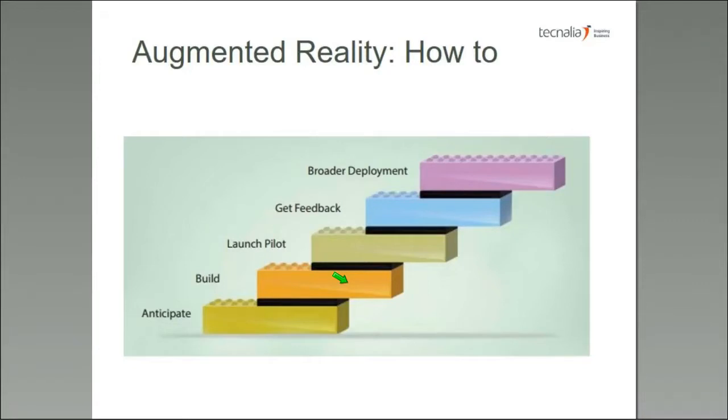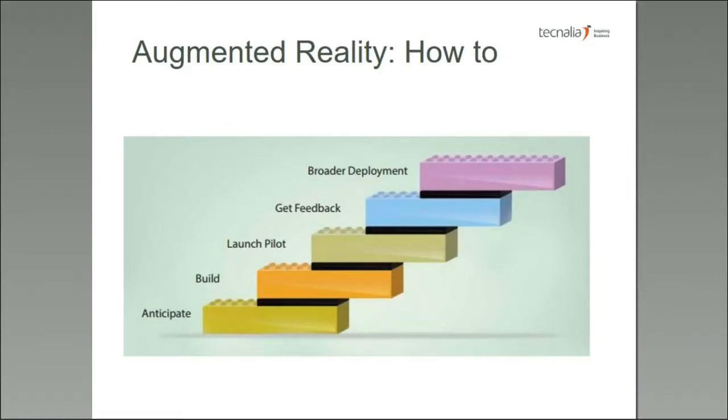Okay, and how do we deploy it, how do we take advantage of augmented reality in our companies? This is the way that companies are working on it. First of all, we have to anticipate, because it's very important to be there before other companies. Other companies are already there, so we have to be very quick.